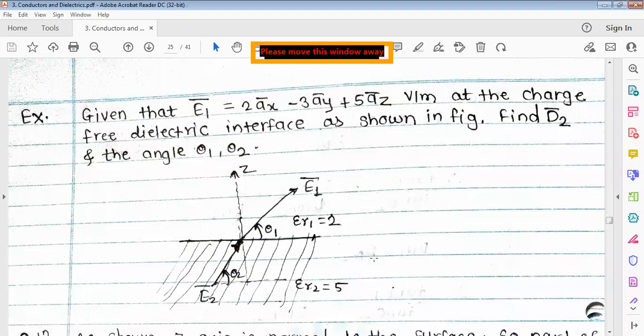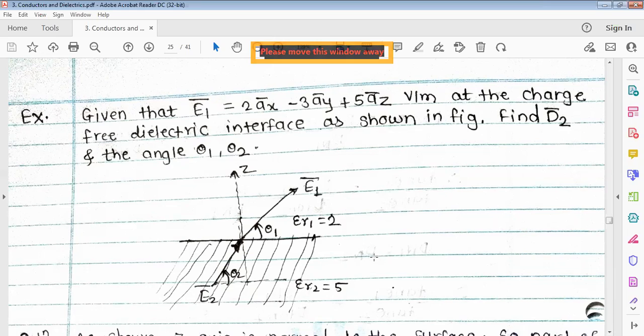Everyone concentrate on this example, it is important. Given that E1 bar is equal to 2a bar x minus 3a bar y plus 5a bar z volts per meter at the free dielectric interface as shown in the figure. D2 bar and the angles theta 1 and theta 2 are also shown.